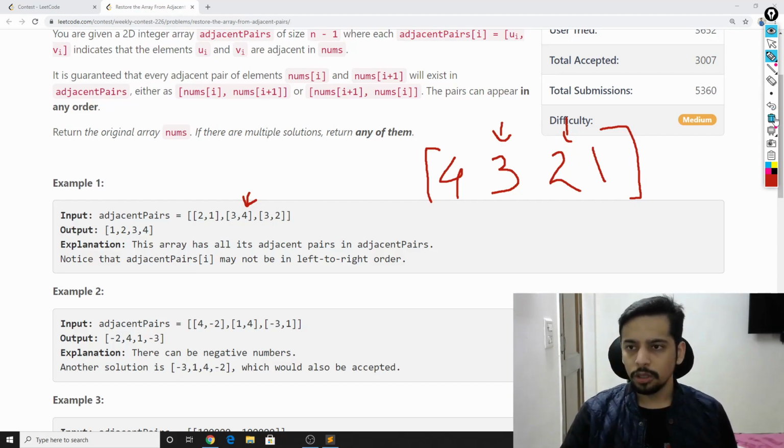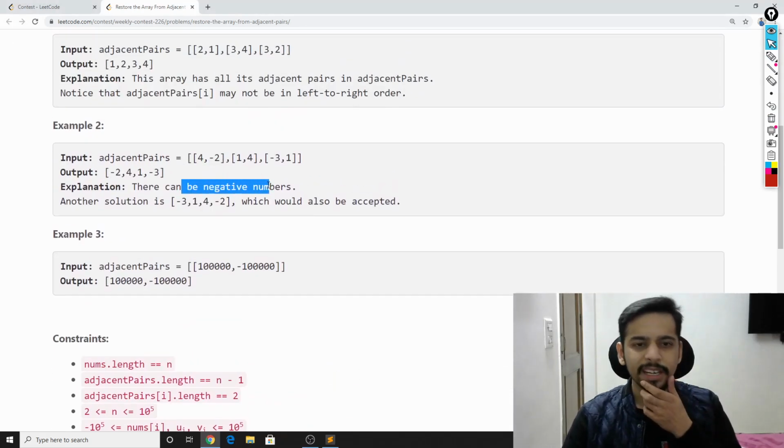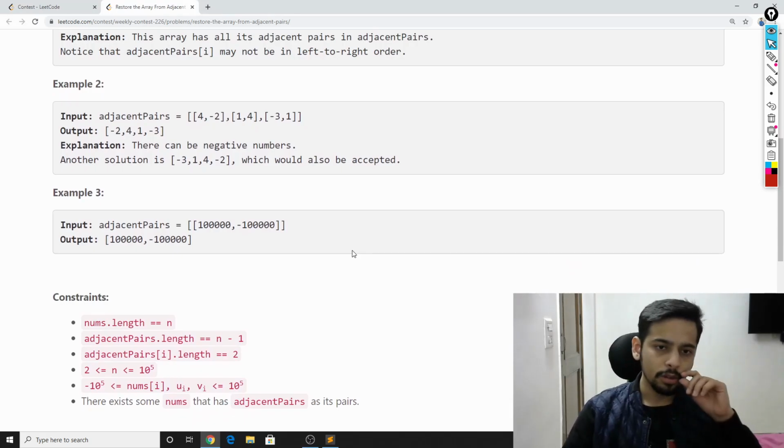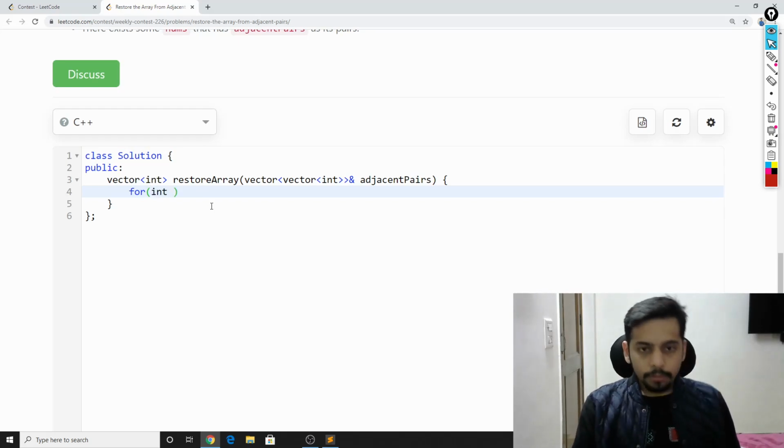Okay, so I'll just code this up. We'll see what happens. They can be negative numbers. That doesn't matter, to be honest. Let's see how we can do this. So I'll just go through all these adjacent pairs.